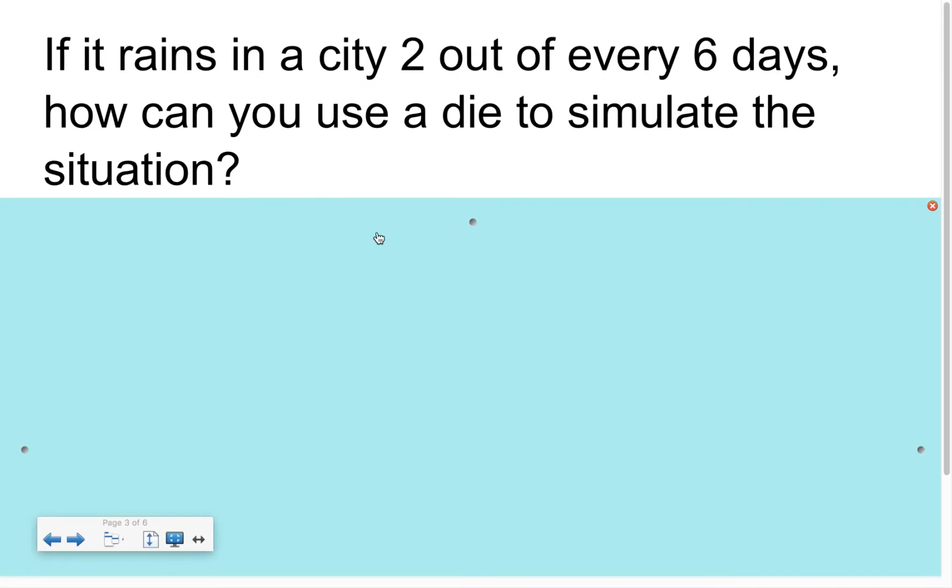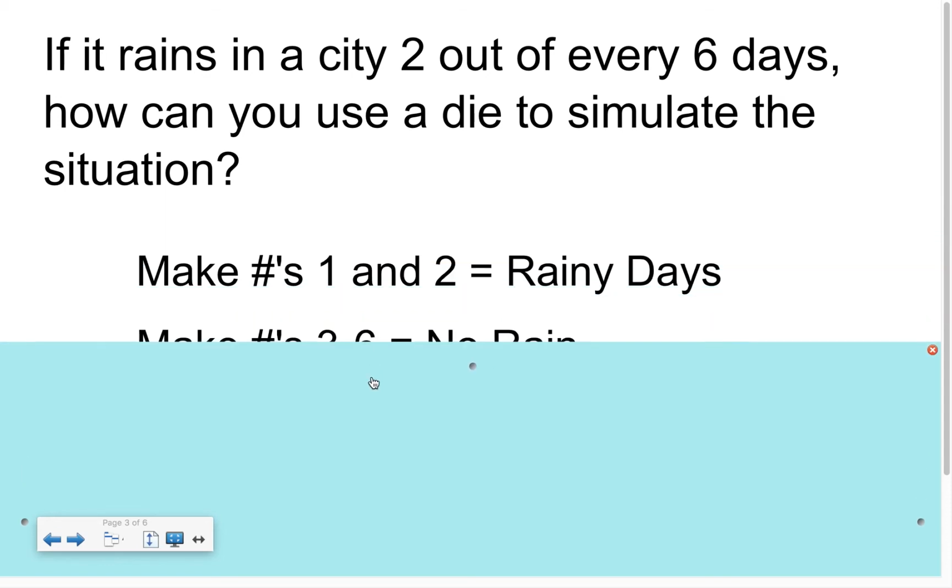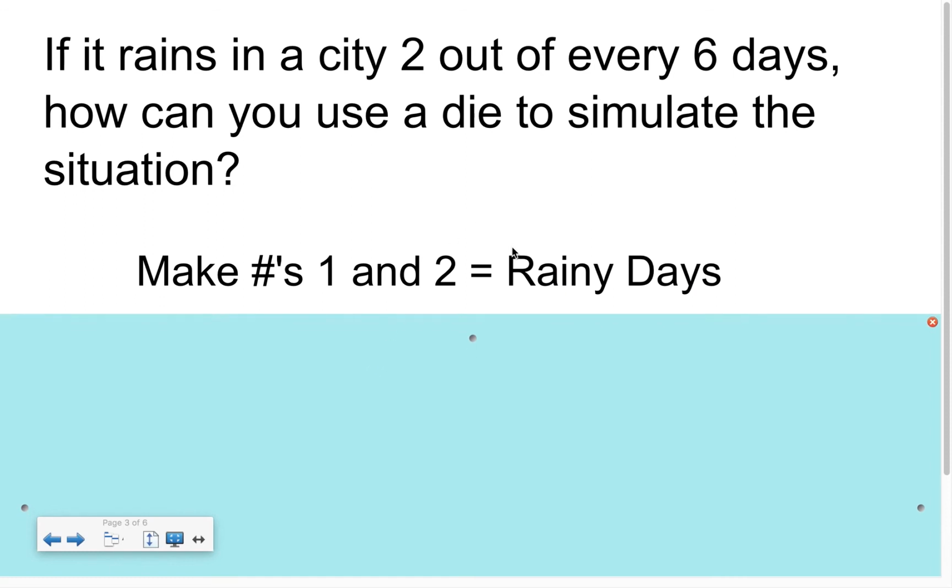First, if it rains in a city 2 out of every 6 days, how can you use a die to simulate the situation? Okay, so 2 out of every 6 days it's going to rain. We like using a die here because there's 6 days and 2 of them are going to be rain. What we want to do is assign different numbers different values, right? So first, we want to make the numbers 1 and 2 rainy days, right?